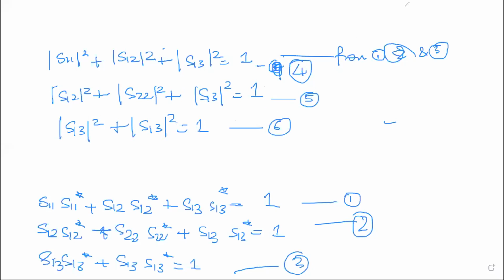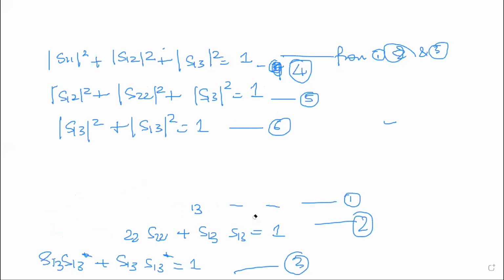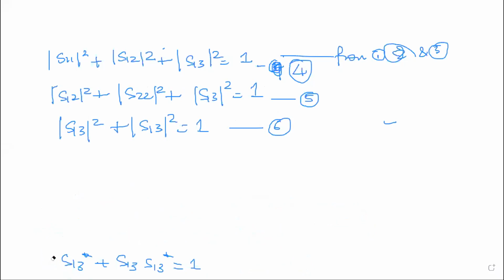Now, any idea? Any one value? Can you get it from here? Yeah, you can get it from equation 6. You have magnitude of S13 square plus magnitude of S13 square is equal to 1, which will become 2 times magnitude of S13 square is equal to 1.